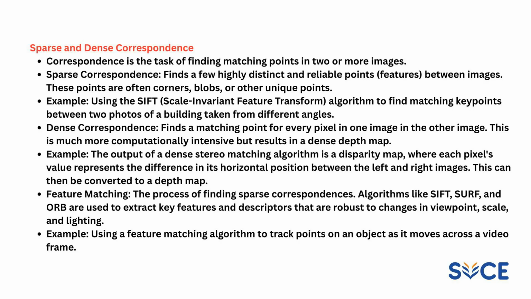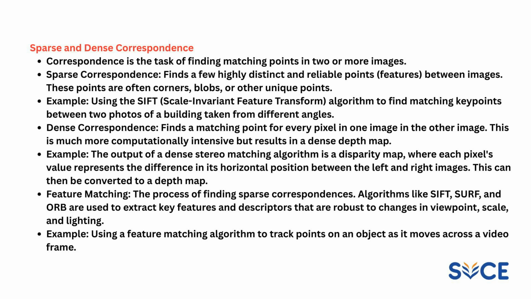For example, when you take a panorama on your phone, the software uses feature matching to find the overlaps between your shots. It matches the corners of buildings or the edges of clouds across the images and stitches them together seamlessly.